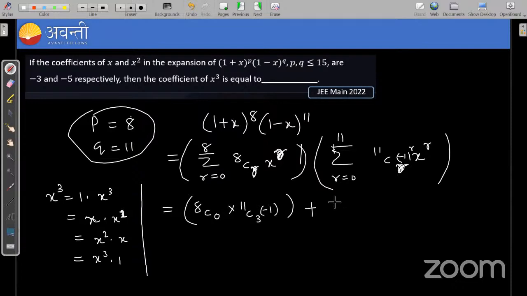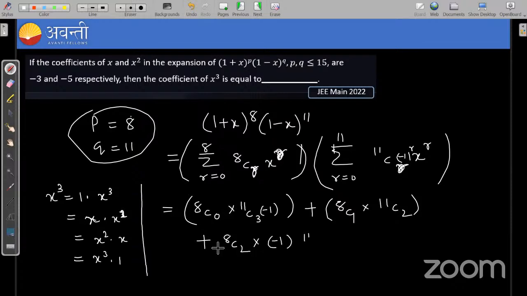Plus, for the first term to be x, r should be 1, so 8C1 into, with r equal to 2, 11C2. Plus the third, r equal to 2, that is 8C2 into x, r equal to 1, that is minus 1 into 11C1.